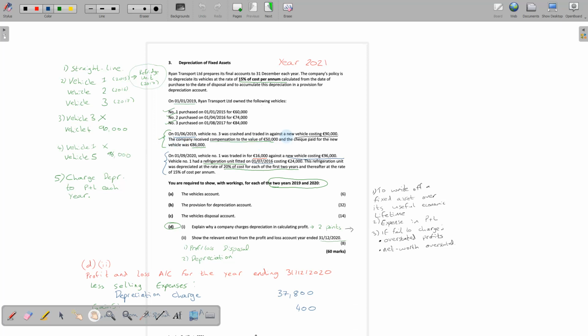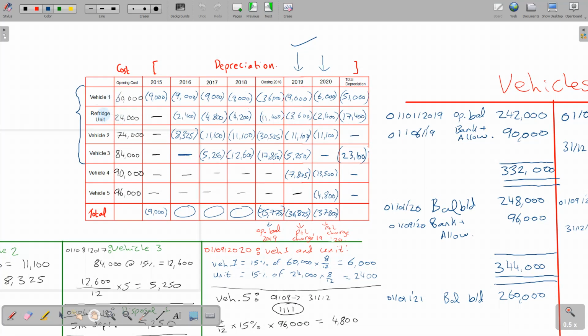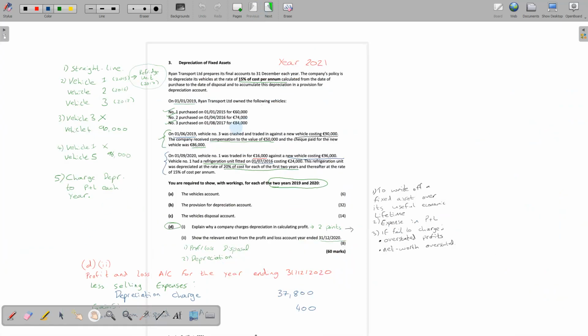I bought a vehicle in 2019, that's going to be vehicle 4. I bought a vehicle in 2020, that's going to be vehicle 5. Again, to separate the H1 students from the rest, or even the H1, H2 students from the rest, this refrigerating unit fitted is going to be important. So it's attached to vehicle number 1. In the table, I would put that right next to vehicle number 1 or underneath vehicle 1, so it's easy to see them together.